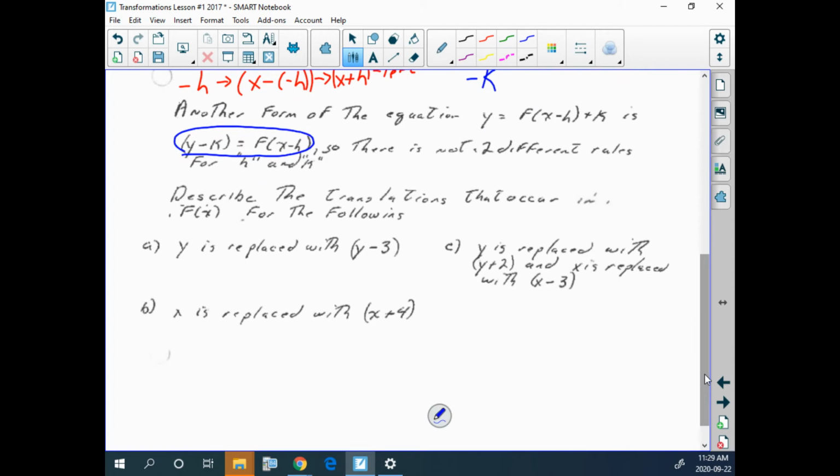So what happens when I replace y with y minus 3? If I start with this equation, y is equal to f of x, and I replace y with y minus 3, what happens to the graph of that function, f of x? Is it going to go up, down, or left, right?